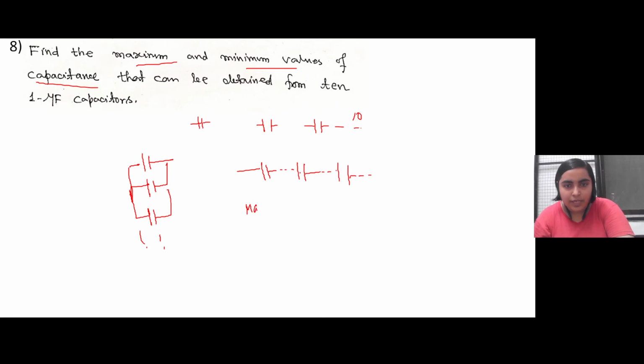So the maximum value in this particular case will be 1 times 10 to the power minus 6, 10 times. So that is 10 microfarad, right?